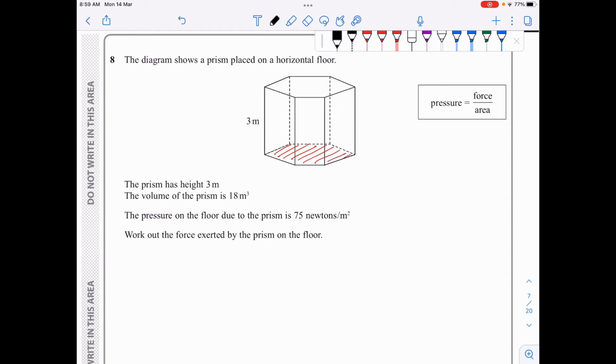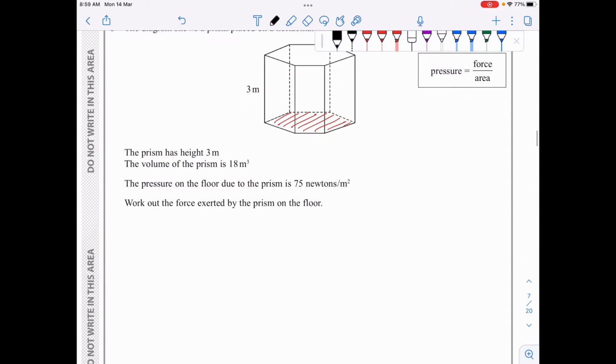So what I will do, I'm gonna use the fact that the volume is the cross-sectional area times the height, and this will allow me to find the cross-sectional area. So 18 is CSA times 3, so the cross-sectional area is 6 square meters.